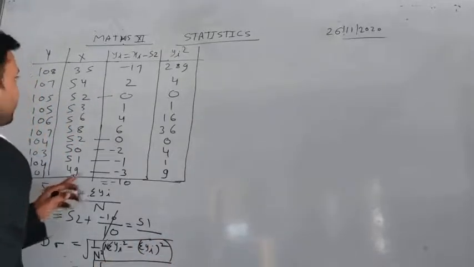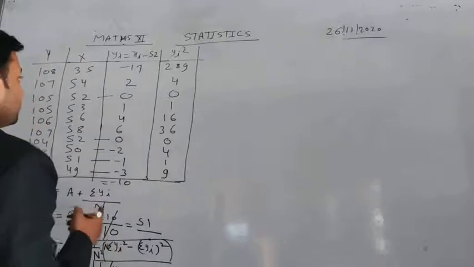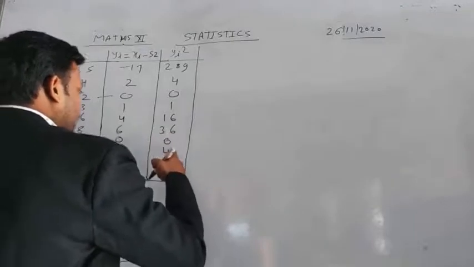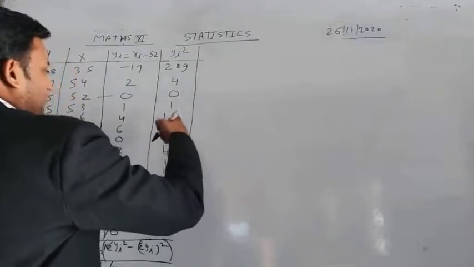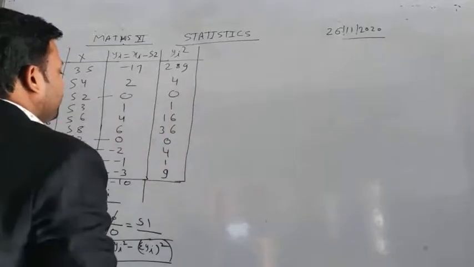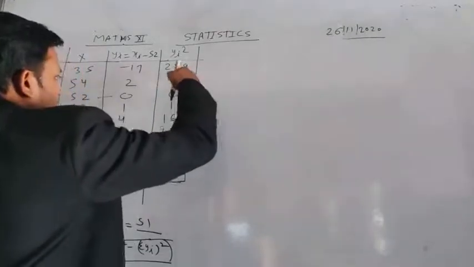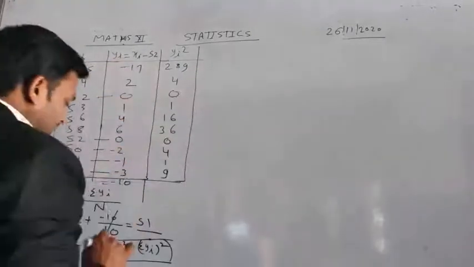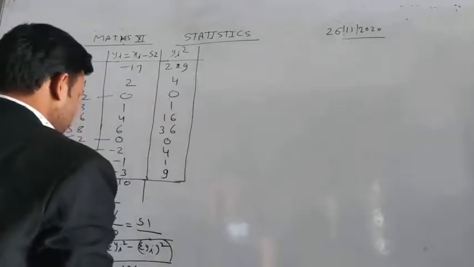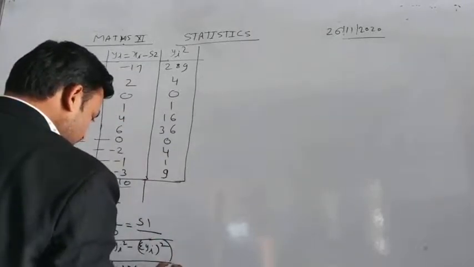N is 10, so n square is 100, and 10 times summation yi square, which is 360, minus the square of minus 10, which is 100.